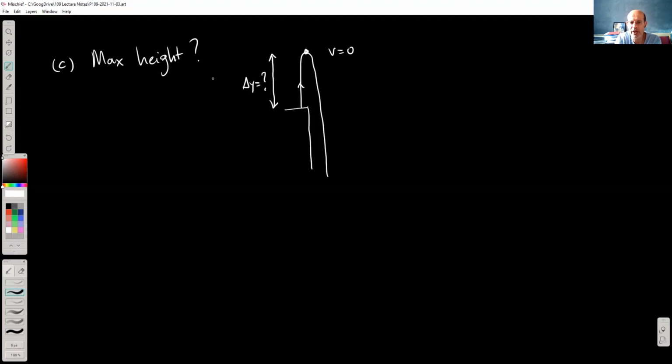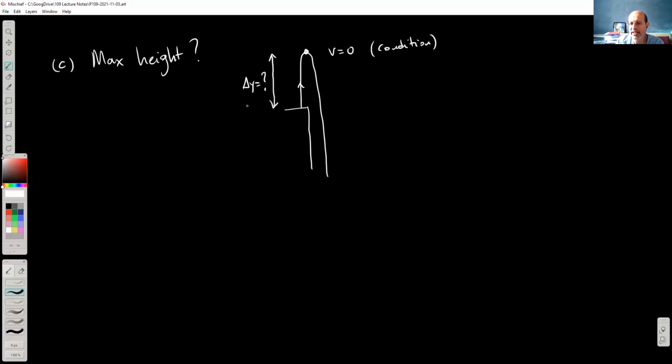That's the question here, because the maximum height corresponds to the turning point. At the turning point, the velocity becomes 0, right? So this is our condition. By imposing this condition, we would like to find the value of that quantity.